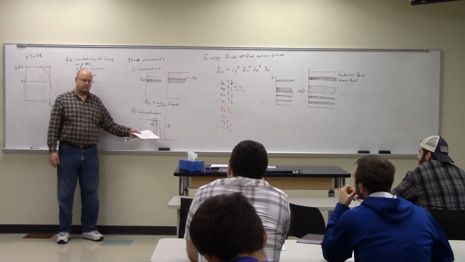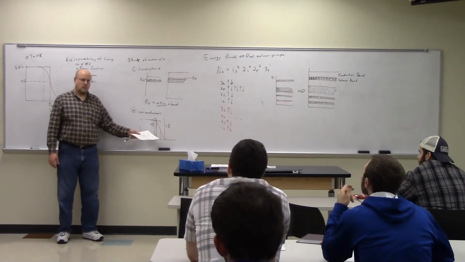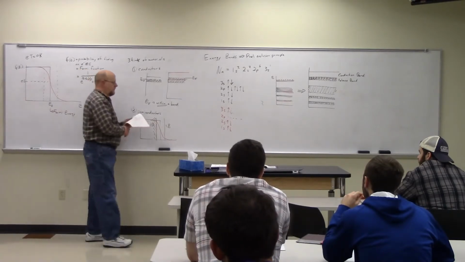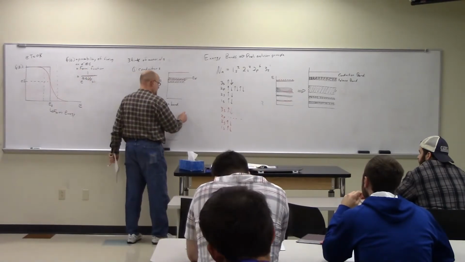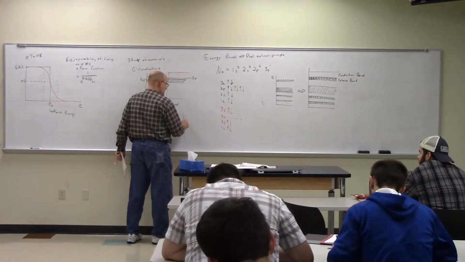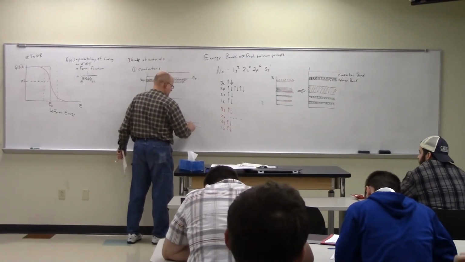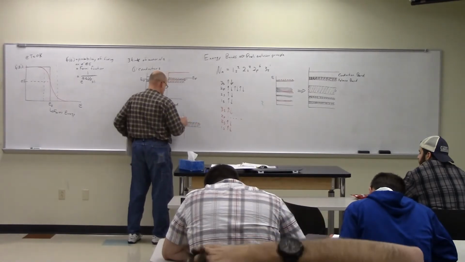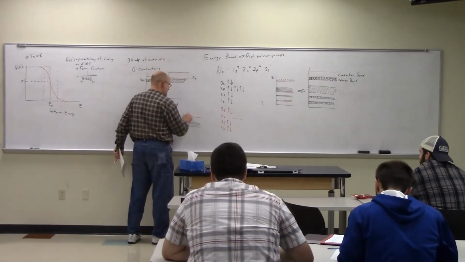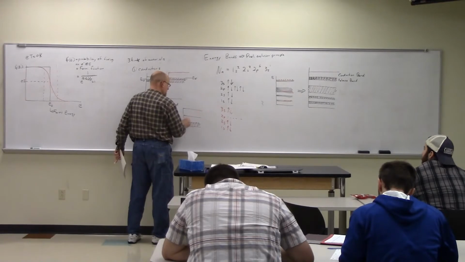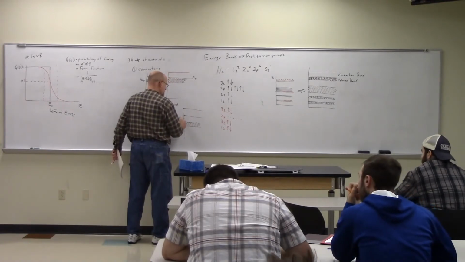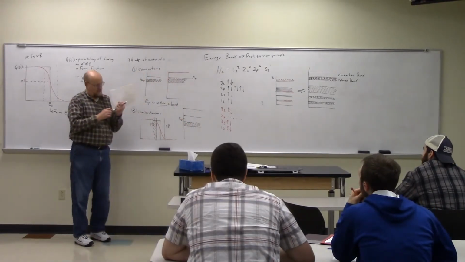That make sense? If I did it horizontally, we have the valence band, which is full, and the conduction band, which is empty, and then E sub F, the Fermi energy, is halfway between.